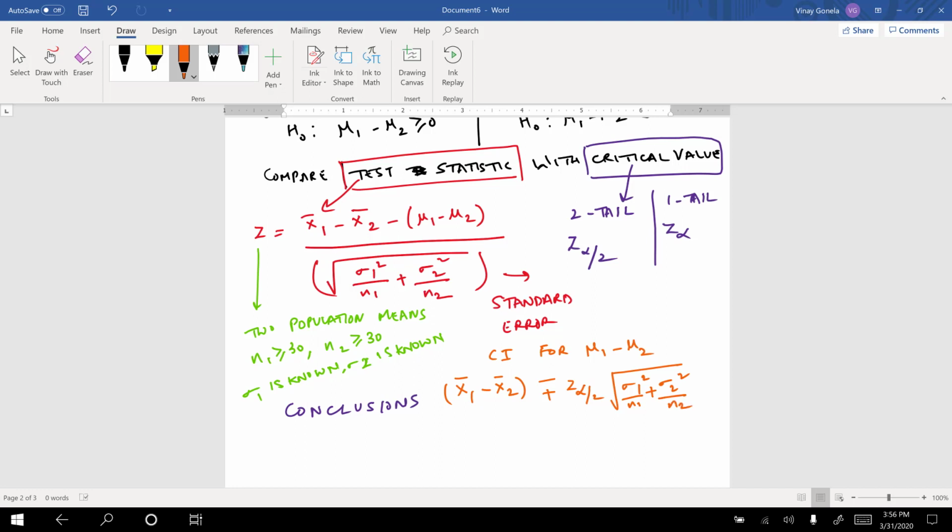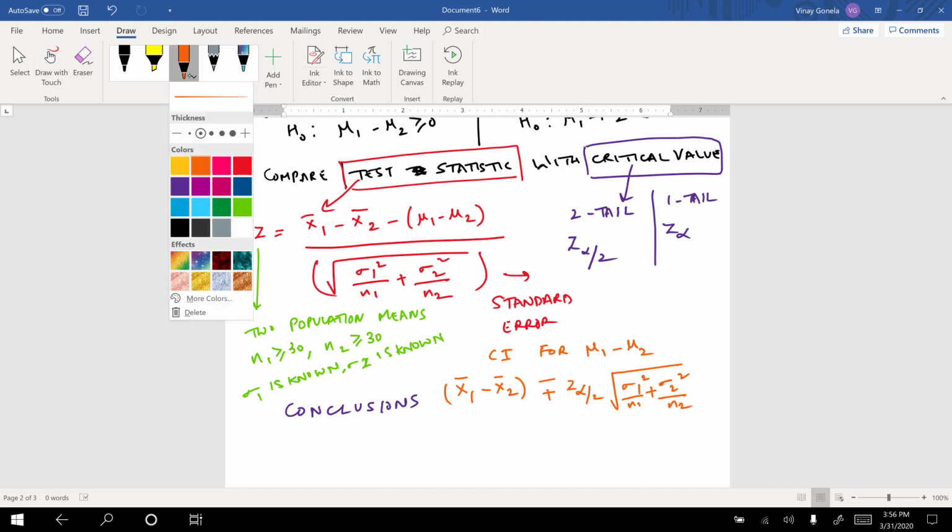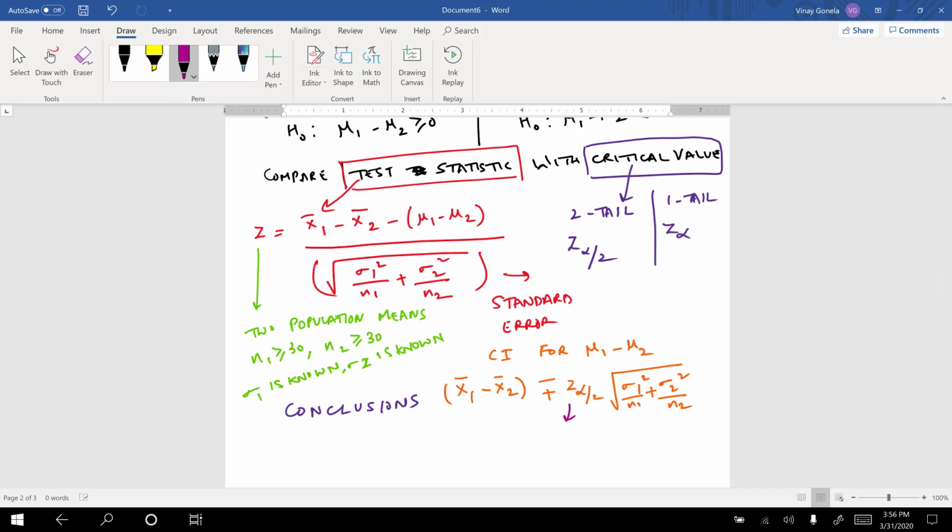If you see here in this case, this is the critical value, this is the standard error, and this whole thing is our margin of error.